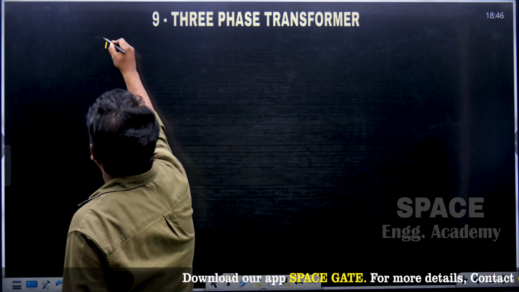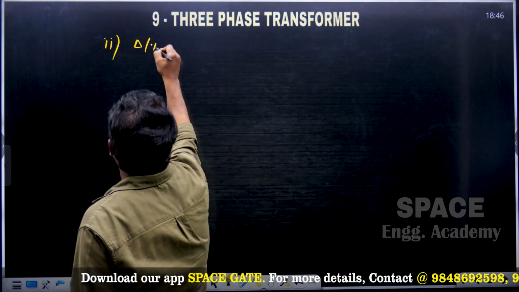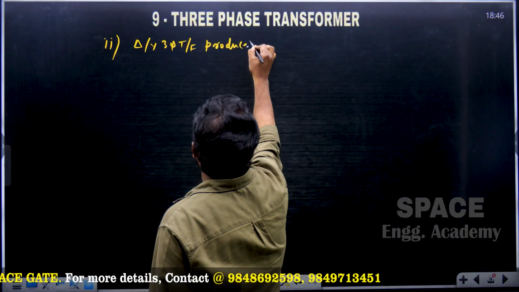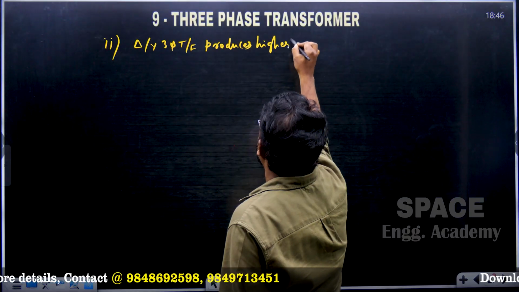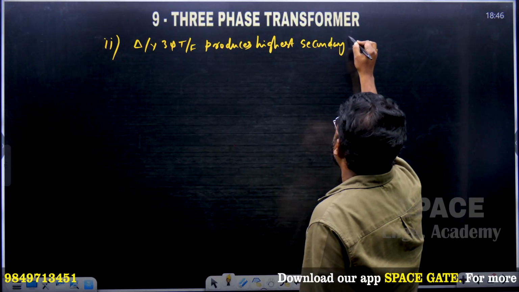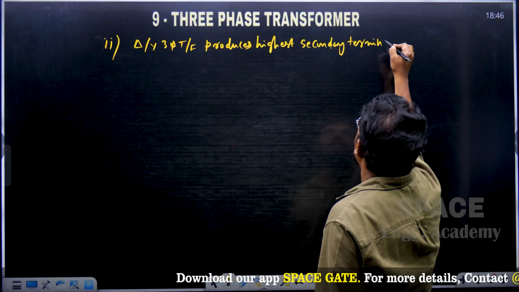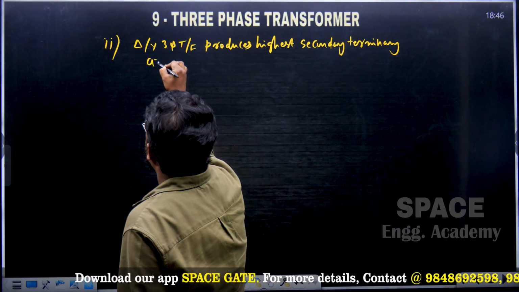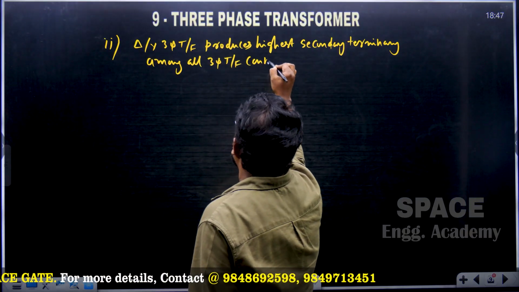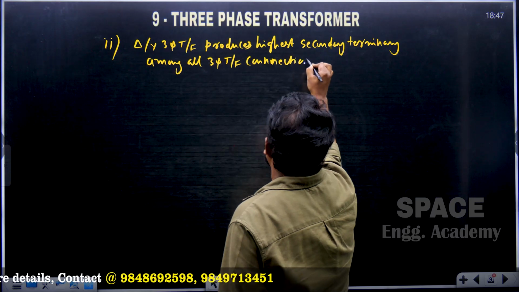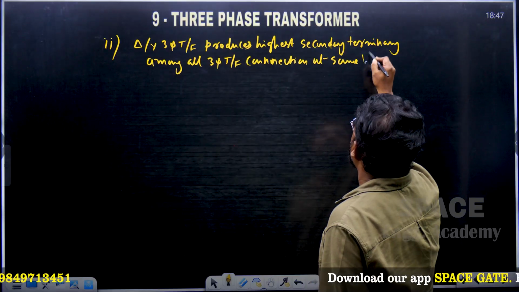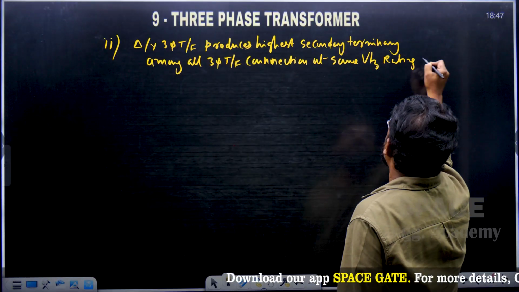So now one more observation from this point, this is the third point here. Delta star three phase transformer connection produces highest secondary terminal voltage among all three phase transformer connections at same voltage rating and turns ratio.